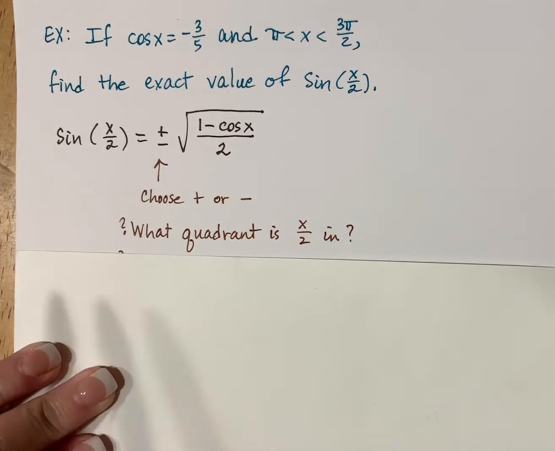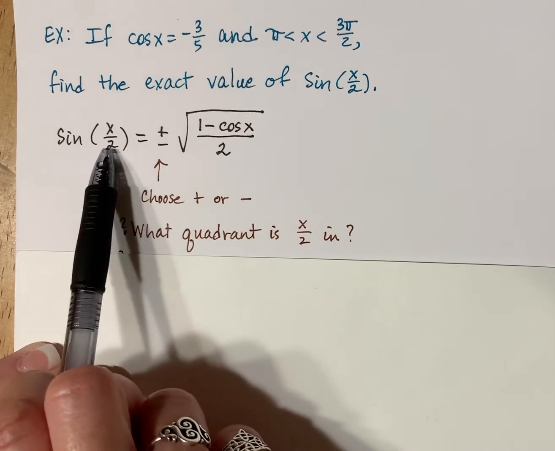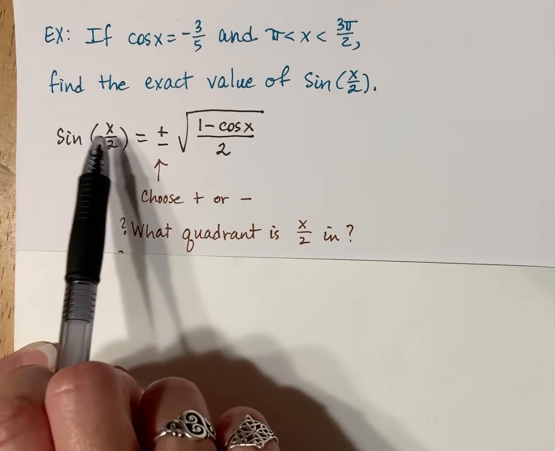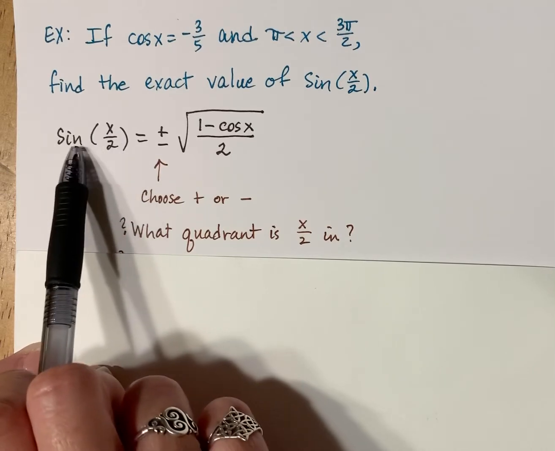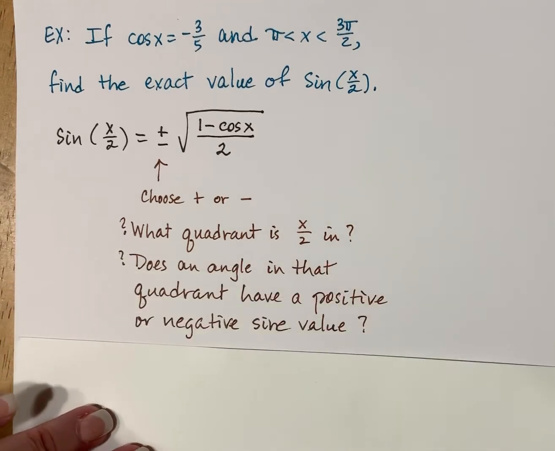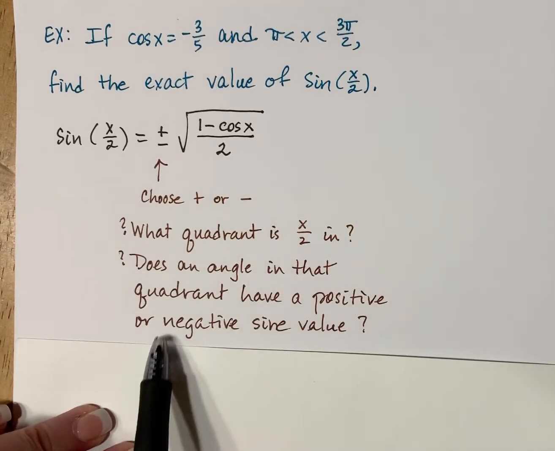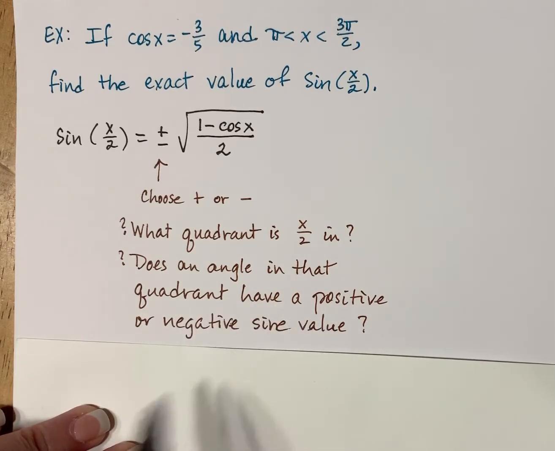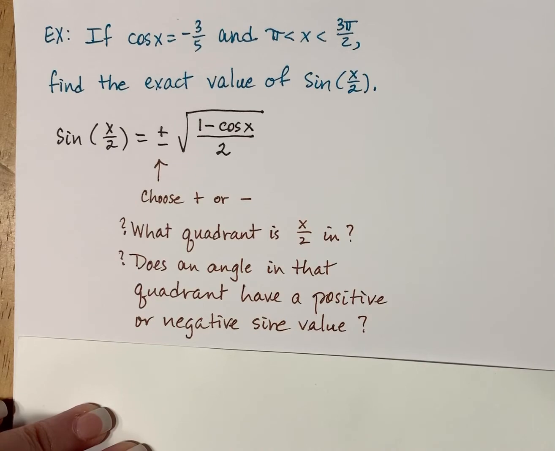Because the question is all about finding the sine of x divided by 2. If you know the quadrant of x divided by 2, then you can figure out whether the sine of that angle should be positive or negative. So figure out what quadrant x over 2 is in, and then ask yourself, does an angle in that quadrant have a positive or a negative sine value?